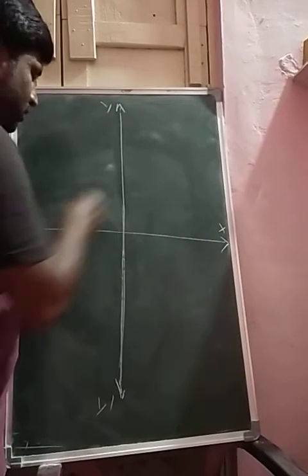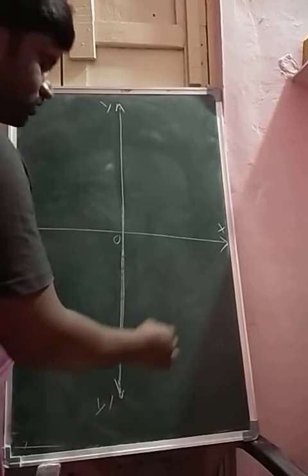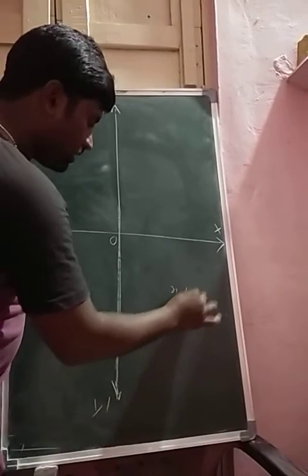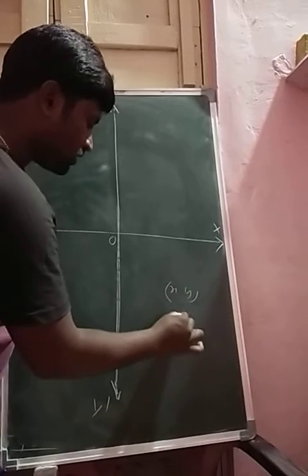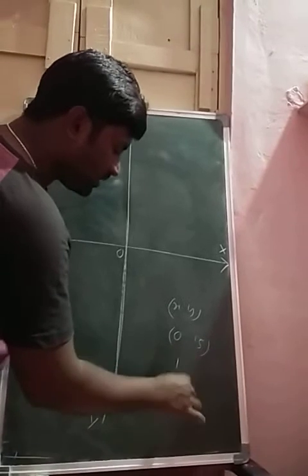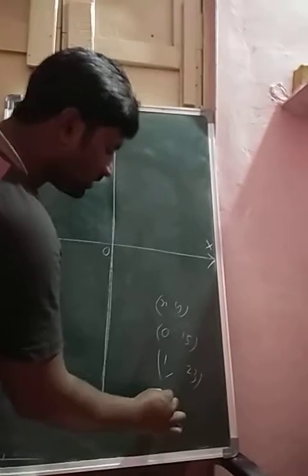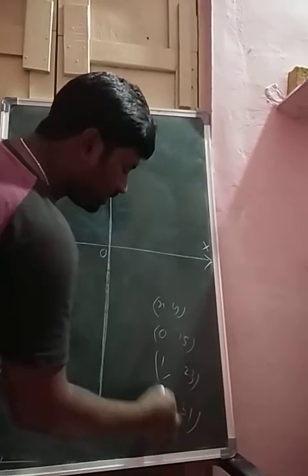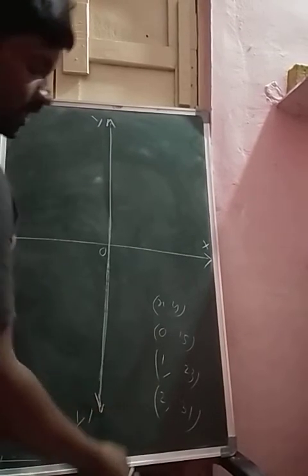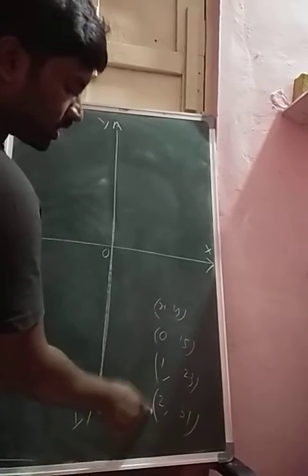The common intersecting point of the x-axis and y-axis is the origin. So I get the solutions like this: x comma y, x value 0 gives y value 15, x value 1 gives y value 23, and x value 2 gives y value 31. Clearly the y coordinate values are very big compared to the x coordinate values.